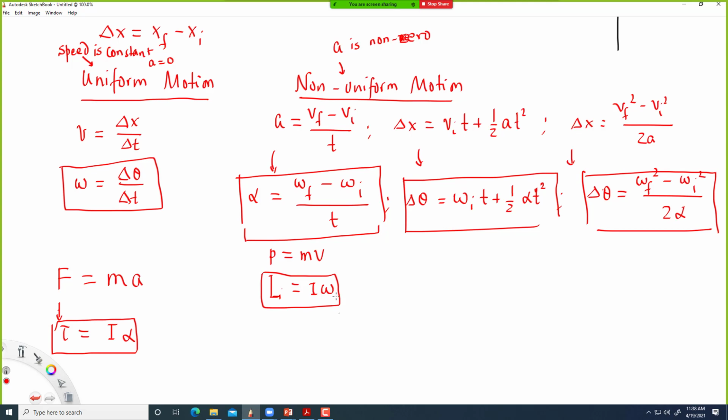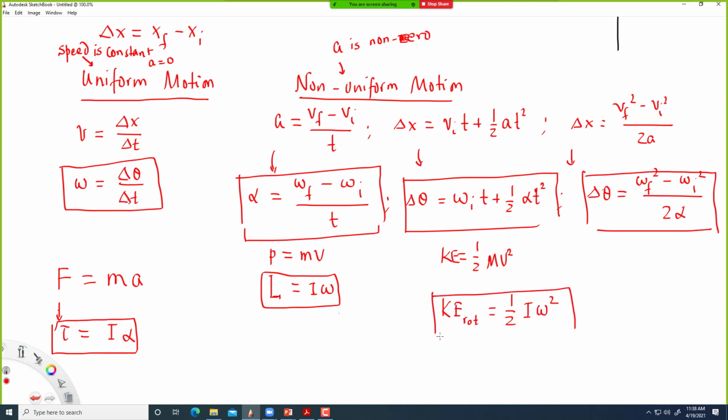How about kinetic energy? So kinetic energy is 1/2 mv squared. What is the rotational kinetic energy? So usually for rotational we write kinetic energy ROT. ROT means anything that is rotating. So 1/2 mass is inertia I, yeah. V is omega squared, right?